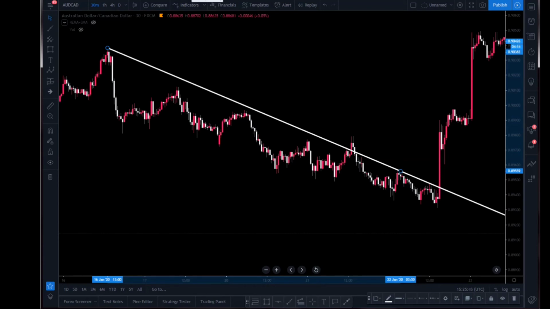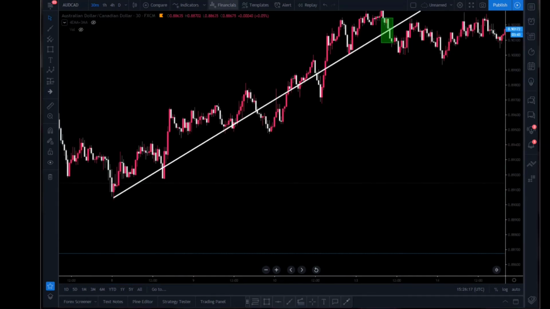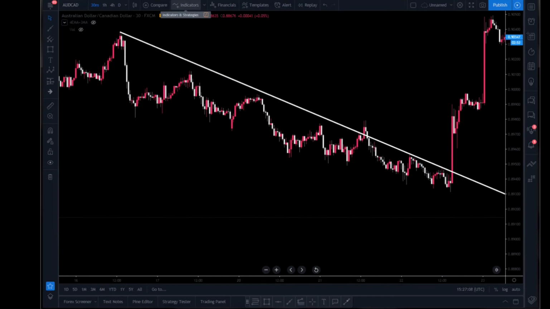You always need 4 points in order to make a trend line. Now remember, on an uptrend, you need a low, high, higher low, and higher high. And on a downtrend, you need a high, low, lower high, and lower low.